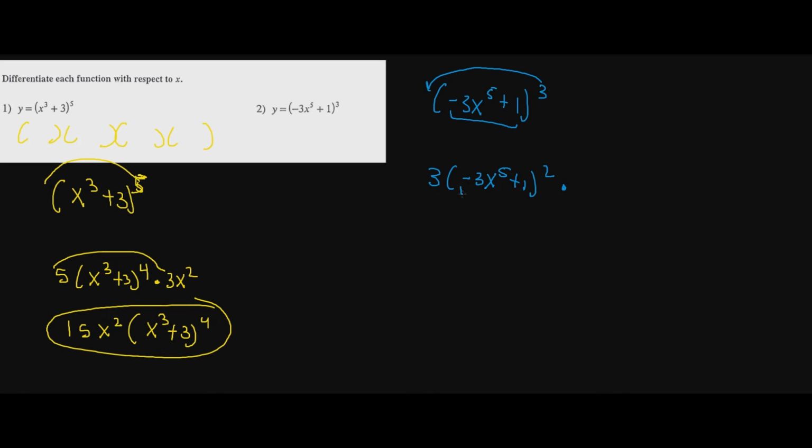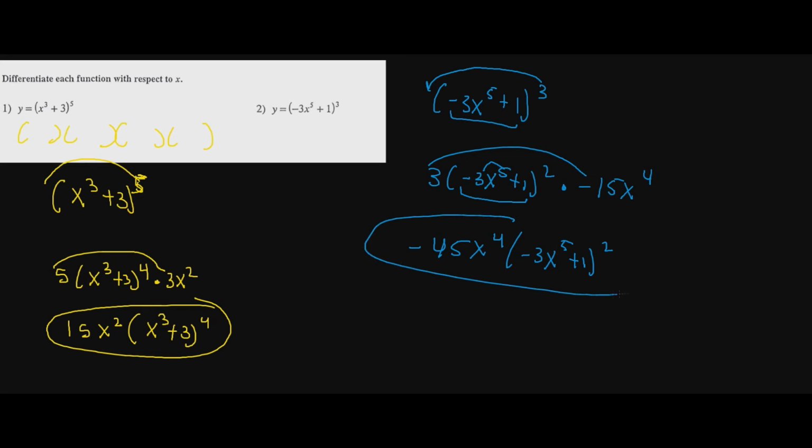Okay, now take the derivative of the inside and we get negative 15x to the 4th, because I had to multiply this out here with this. Derivative of 1 is gone, boom. 3 times negative 15 is negative 45x to the 4th, (negative 3x to the 5th plus 1) squared. And we get such like this. And that's really all we have to do, my friends.